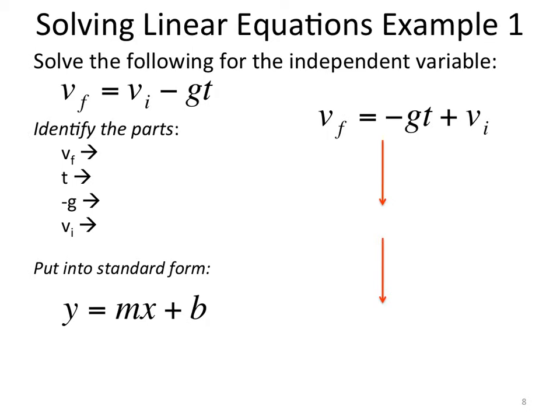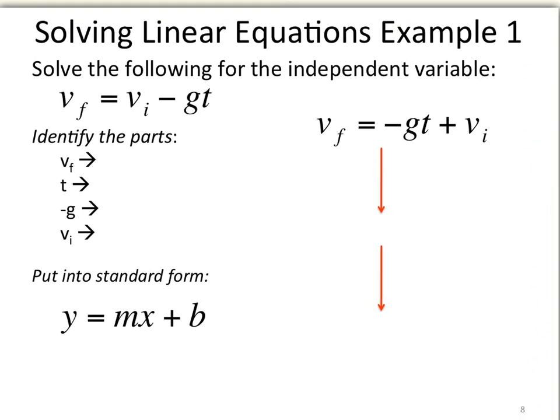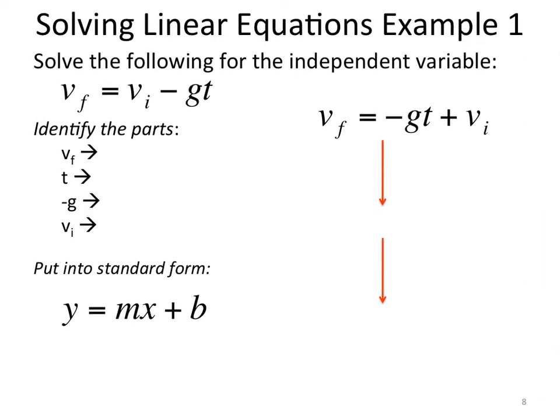All right, let's take a look at this right here. Here we have an equation you'll become very familiar with a little bit later on. But in this case, we're going to want to solve for t. Now I'm going to tell you right now what roles some of these variables play.